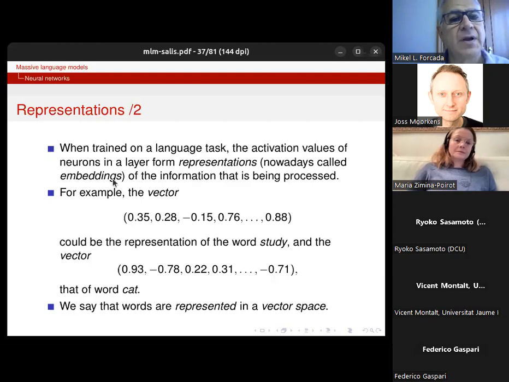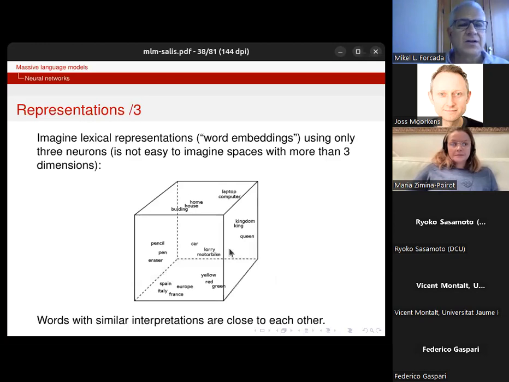So these embeddings, these vectors, basically mean that when you get a word, it gets represented as a bunch of coordinates in a vector space. For us, it is very difficult to imagine spaces of more than 3 coordinates, so let's think about a space with 3 coordinates. Imagine the lexical representations of words in 3 dimensions.